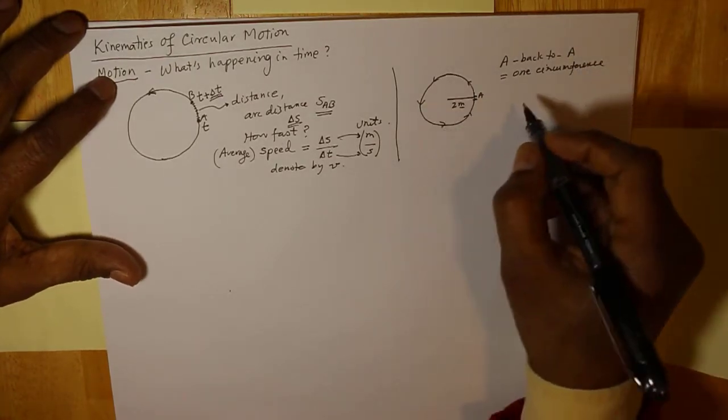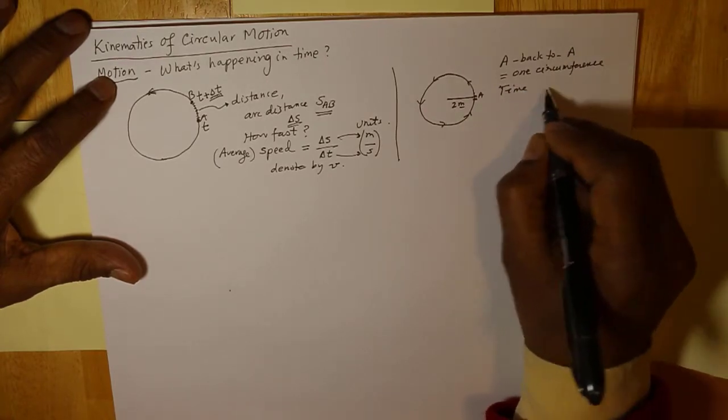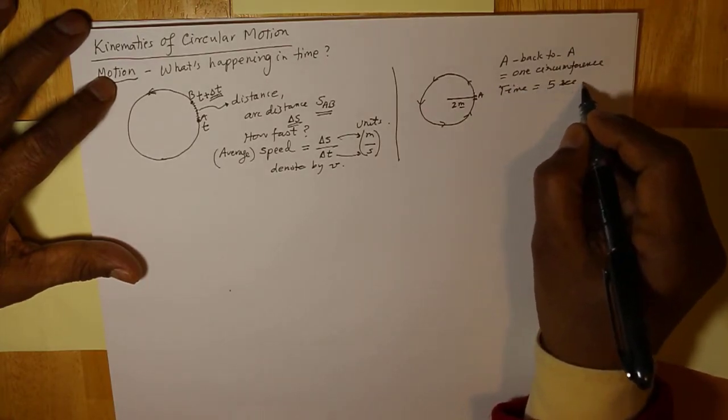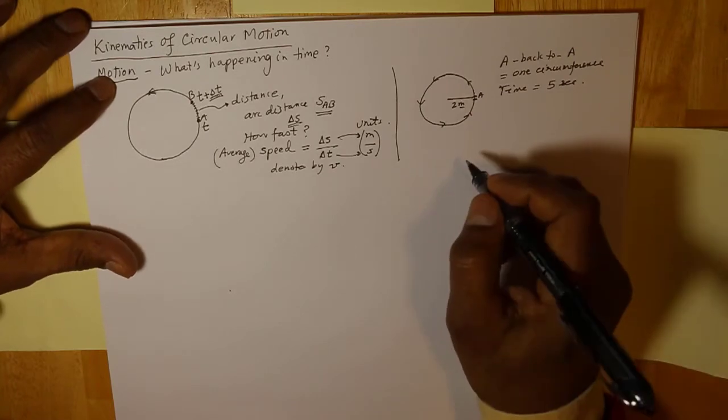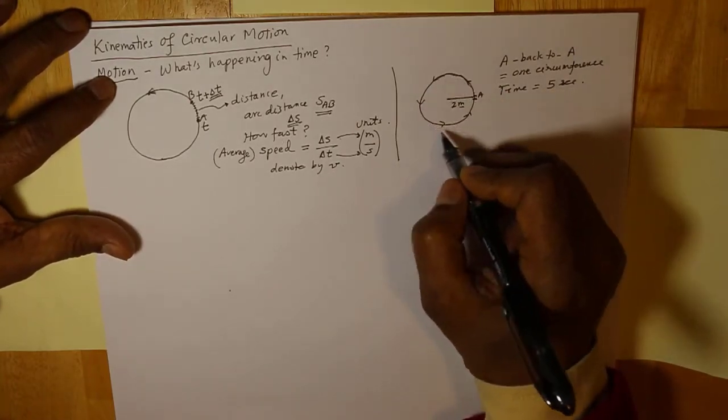And then I measure the time. Time, say, is 5 seconds. You can say, well, I don't know whether it was changing speed or not, but I can say what was the average speed.